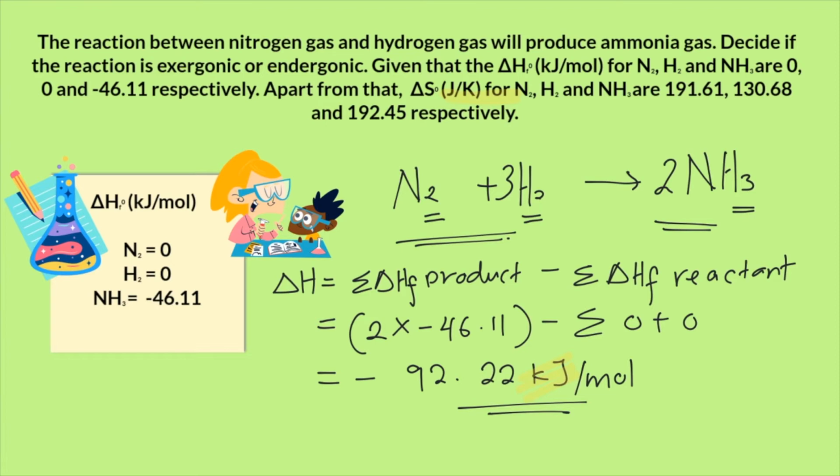All you need to do is times 1000, because 1 kilojoule is equivalent to 1000 joule. So at the end you should get negative 92220 joule. You can write joule per mole or you can just write joule. So that is your delta H.